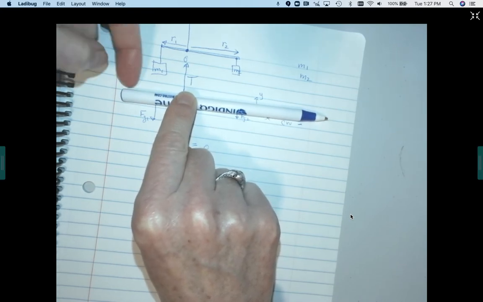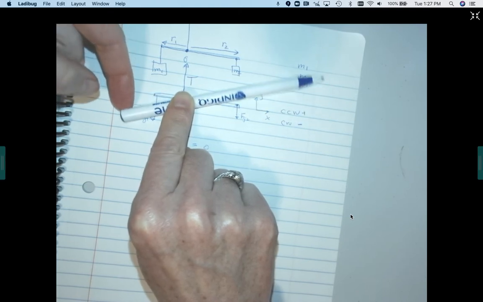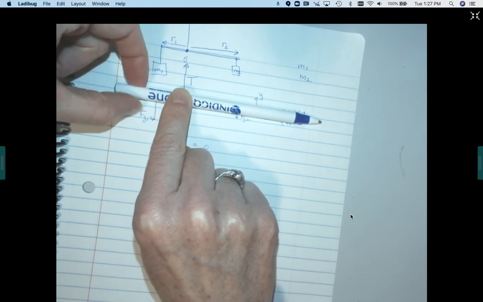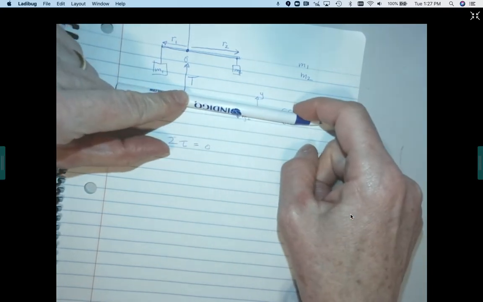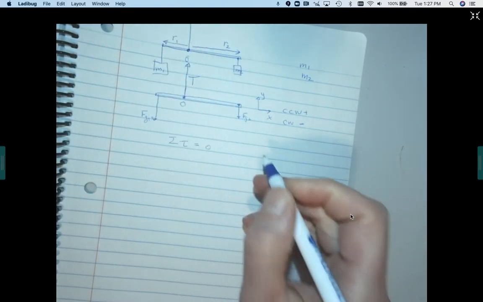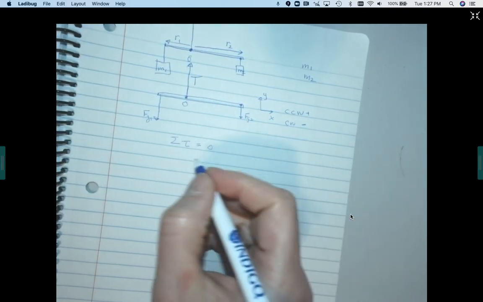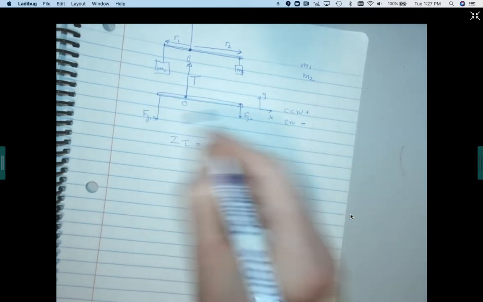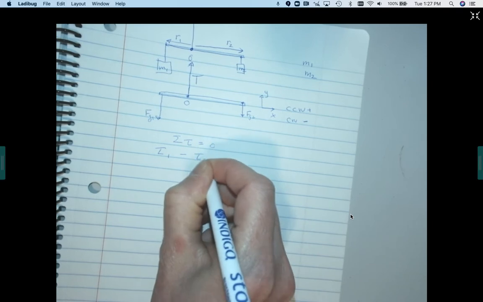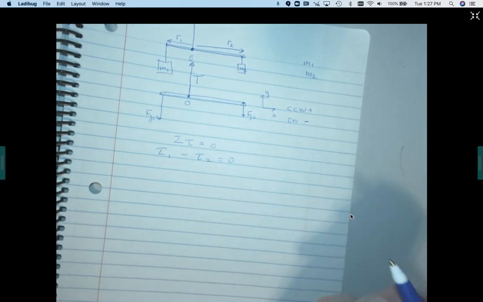So if I push down where 1 is, I get a counterclockwise rotation. And if I push down where 2 is on this end, I get a clockwise rotation. So 2 is clockwise, a negative torque, and 1 is counterclockwise, so it's positive. So the torque from 1 minus the torque from 2 has to be 0.